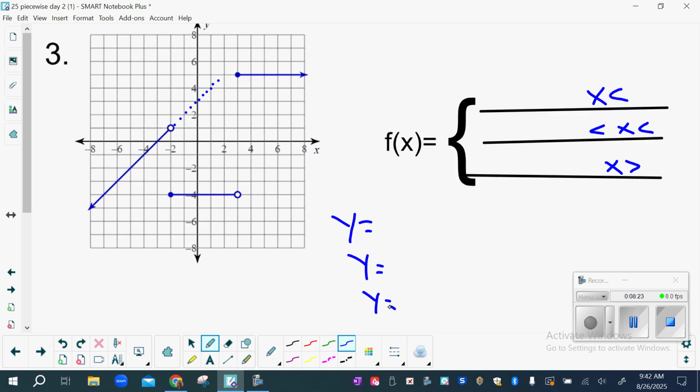Does that make sense? Those are barriers.